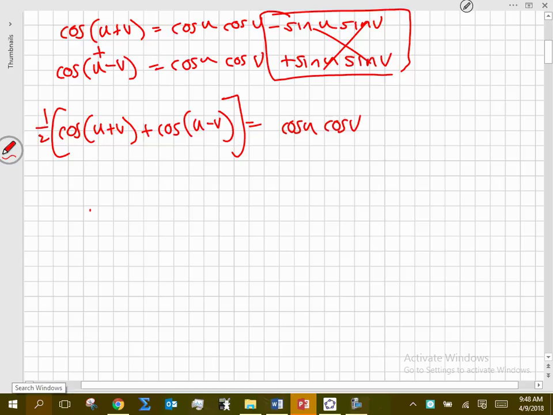Okay? And even if you asked me right now, after dealing with this for the last 2 hours of my life, if you asked me, Mr. Fay, close your eyes, tell me what cosine u cosine v is, I'm not going to know it right. But if you ask me to close my eyes and work through the development of it, I'm going to be able to do that. And you should too.